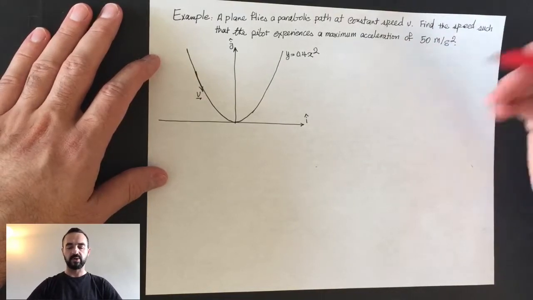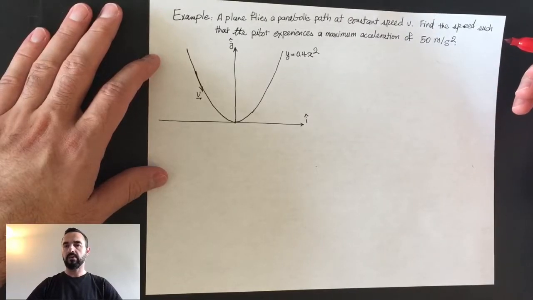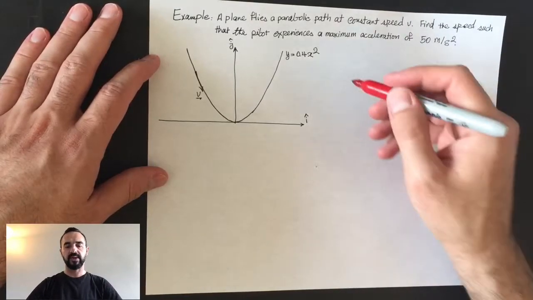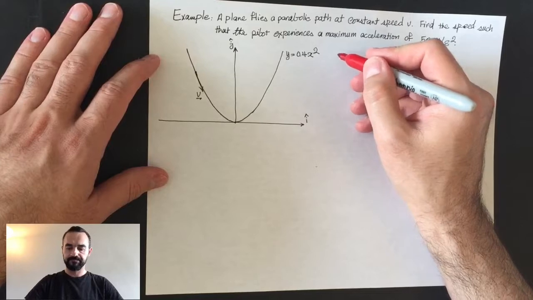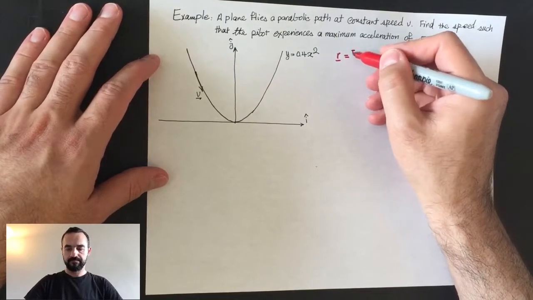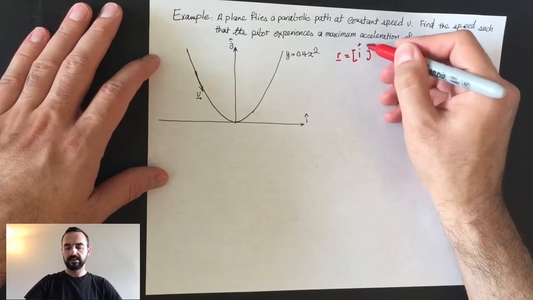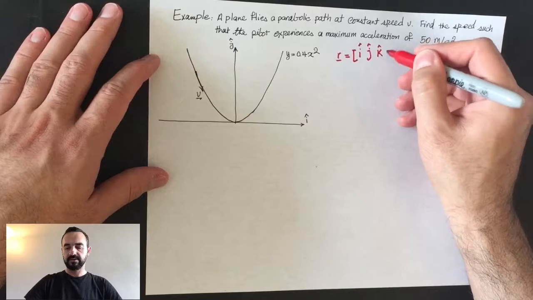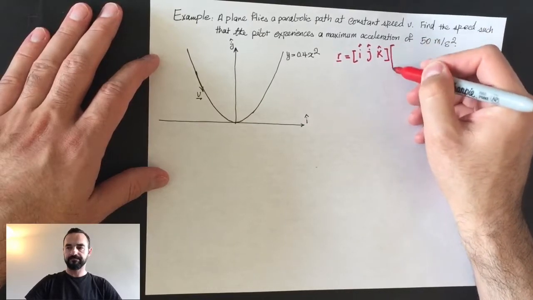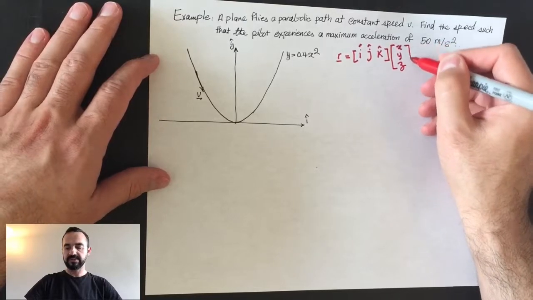In Cartesian coordinates, if we were to write down the general form of position for this plane, it would be r, with i hat, j hat, k hat, and x, y, z.